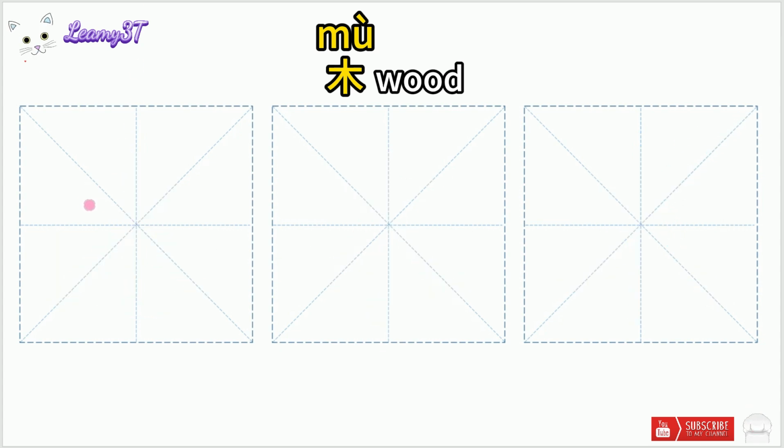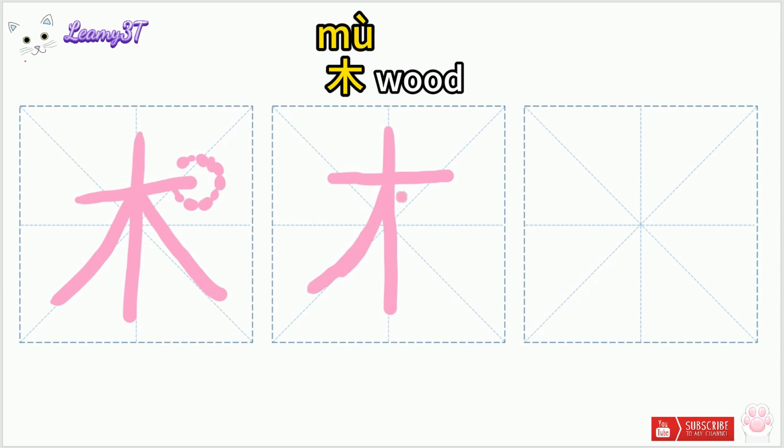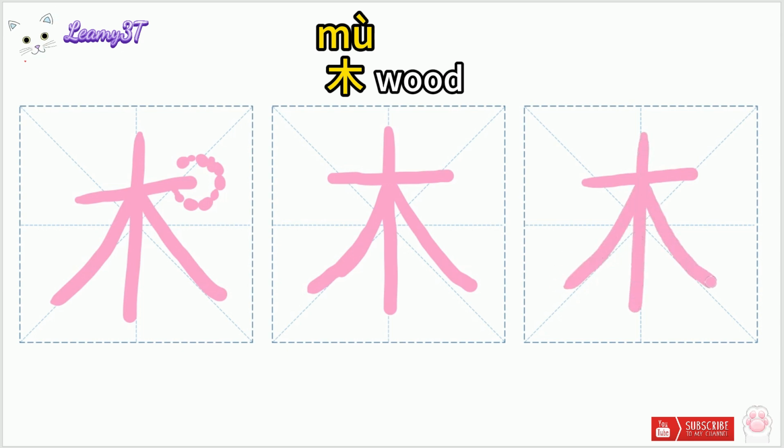Let's write one more time. 横竖撇捺. When you write this character, the first stroke is 横. Of course, you can make it horizontal. You don't have to make it up. 撇捺. Okay, one more time. Say 横竖撇捺.